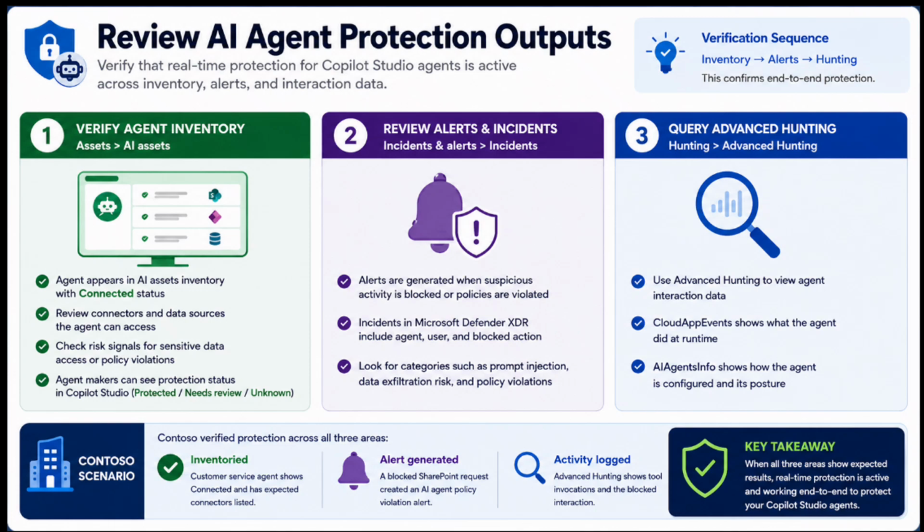It's just putting all these things together to make sure that real-time protection for Copilot Studio agents is active across inventory, alerts, and interaction data. There are many more modules related to AI and data security in this learning path, and we're going to cover those in the coming videos that will show up in future lessons.